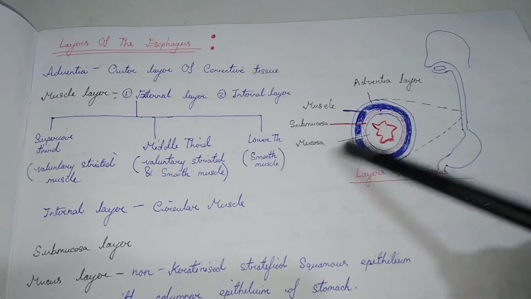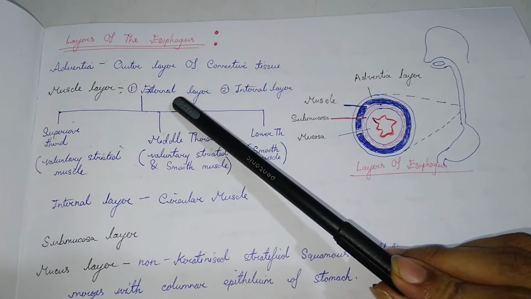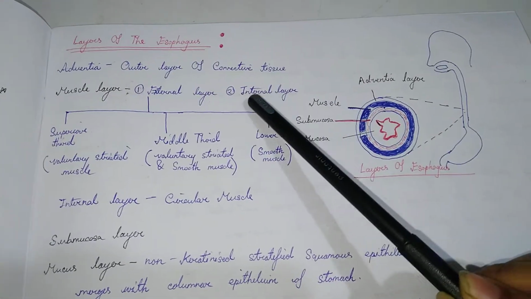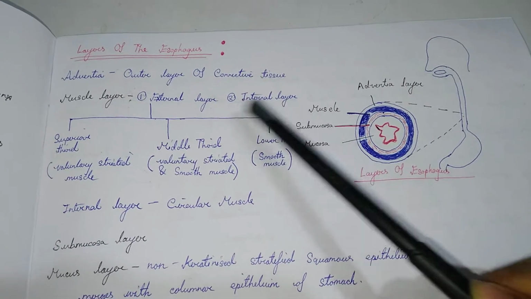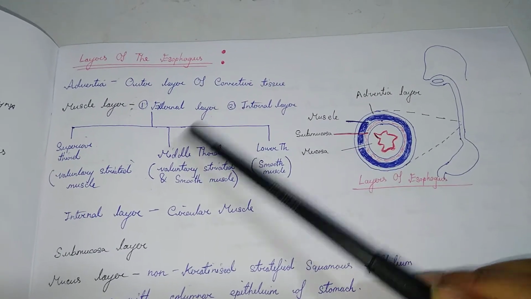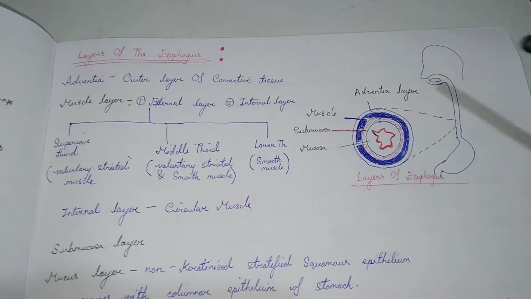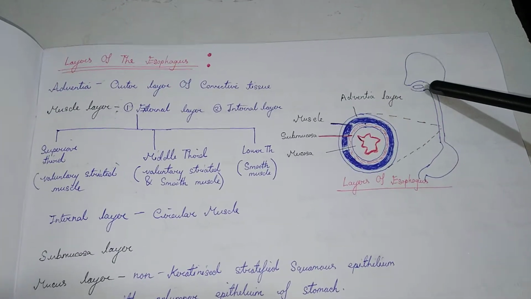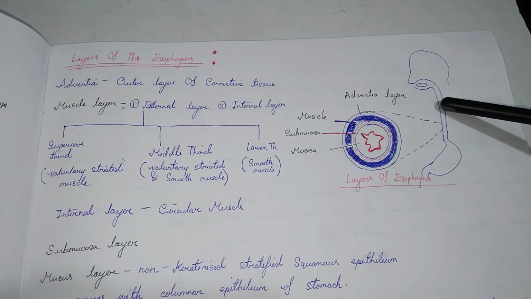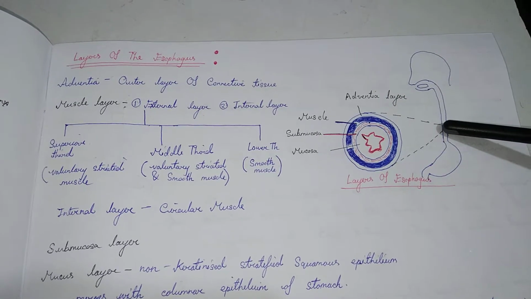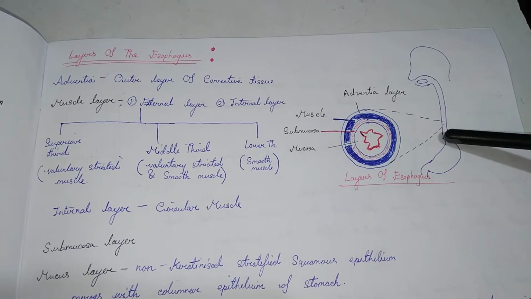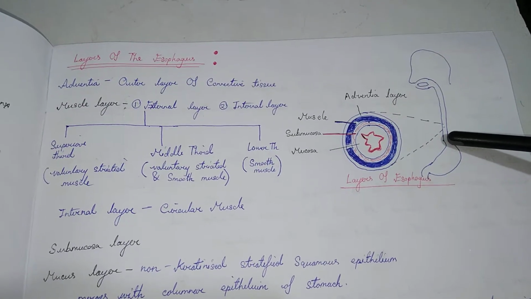This muscle layer has 2 types of layers, the external layer and the internal layer. The external muscle layer has different types of muscles depending on the parts of the esophagus. The upper part has a different muscle layer, the middle part has a different one, and the lower part has a different external muscle layer.